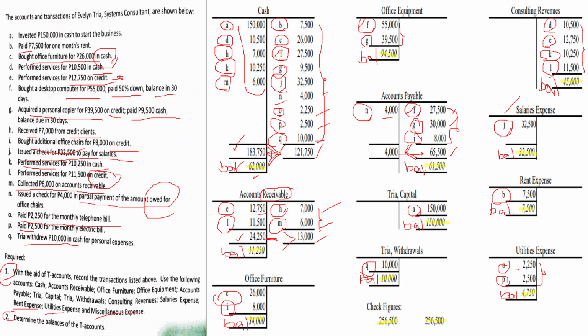Now, during the year, normally these accounts, the withdrawals and expenses, will have debits only, except for adjustments at year end, which we will discuss further in chapter 4. But as of now, you should not credit these accounts during the year. It's generally debit only during the year.